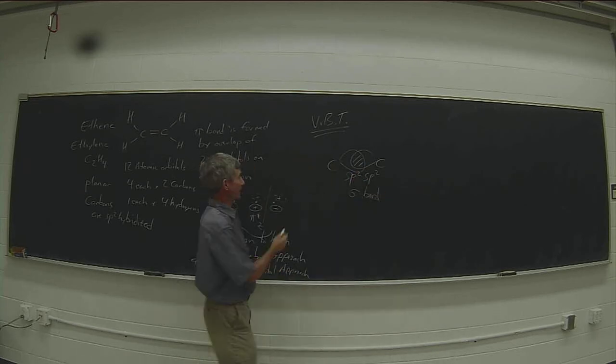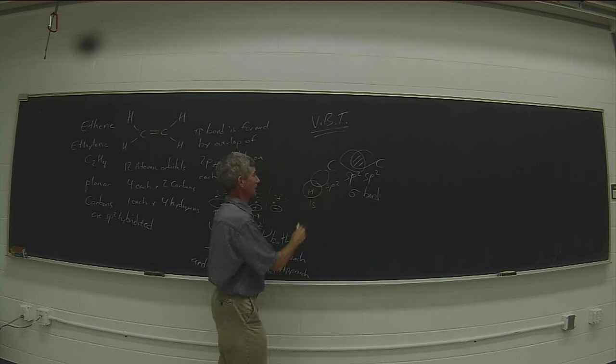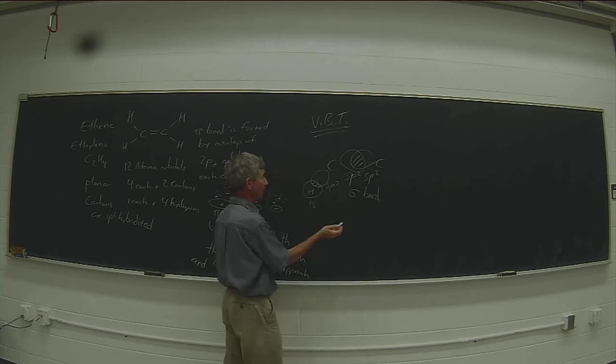And then we would say that there's another sp2 hybrid orbital on the carbon overlapping with a hydrogen 1s orbital, again to form another sigma bond.